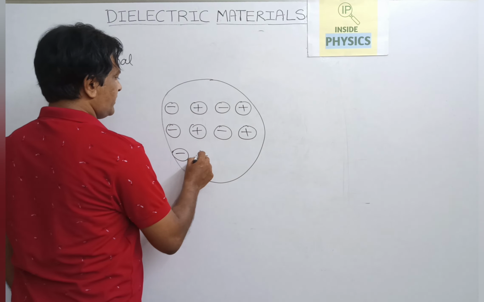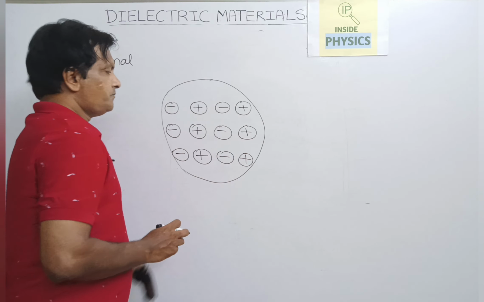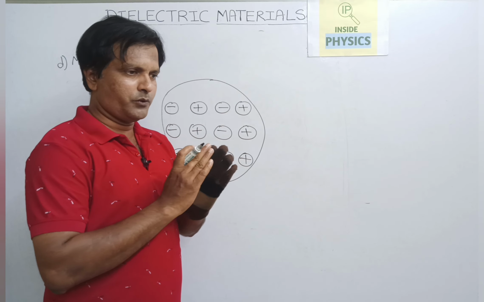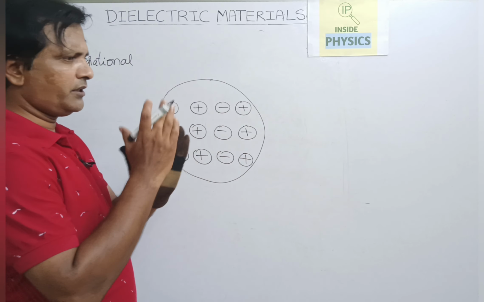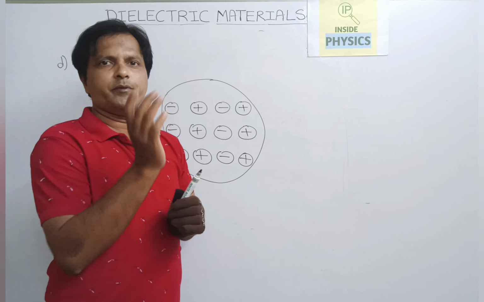So what happens when you apply an external electric field? They form this polarization, with the opposite charges, negative and positive, at the interface of the two materials.